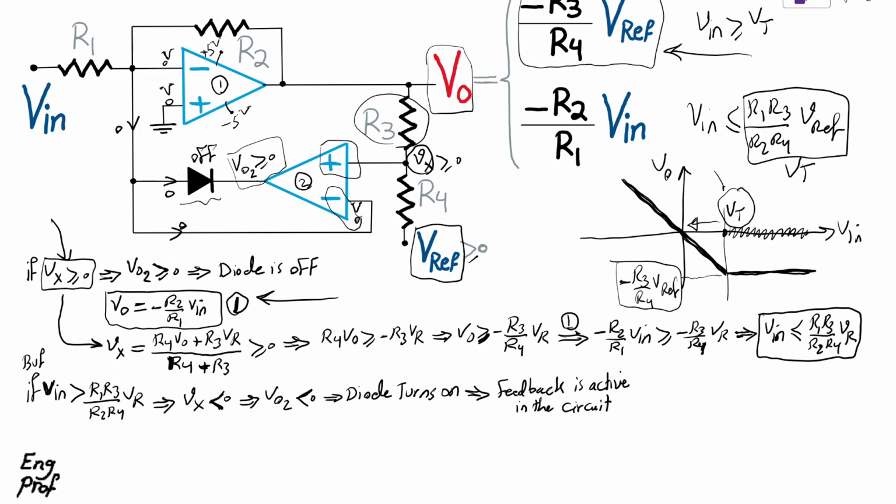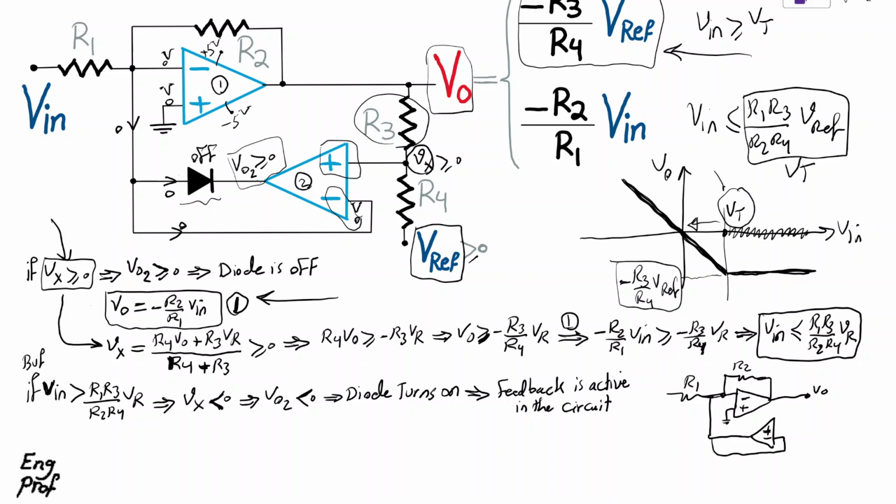I'm going to show it here. We have R1, R2, the first op-amp with negative terminal, positive terminal, and output. We have ground, we have virtual ground here, and then, assuming the diode is ideal, it is effectively a short when it is on, and we have the second op-amp that is looking like this.